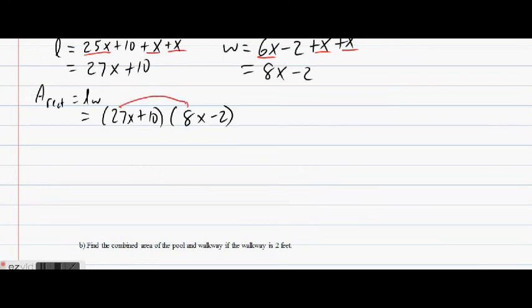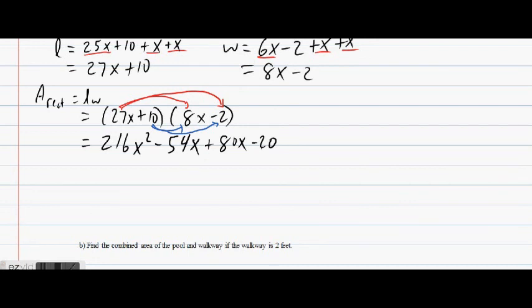Alright. 27 times 8. Grab the calculator. 27 times 8 is 216x squared. 27 times negative 2 is negative 54x. 10 times 8, and I hope you don't need the calculator there, plus 80x. 10 times negative 2 gives me negative 20.